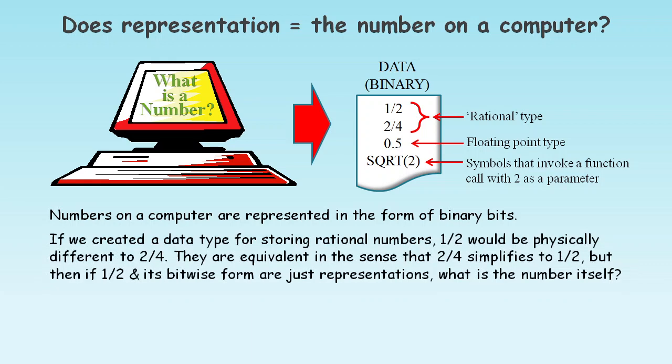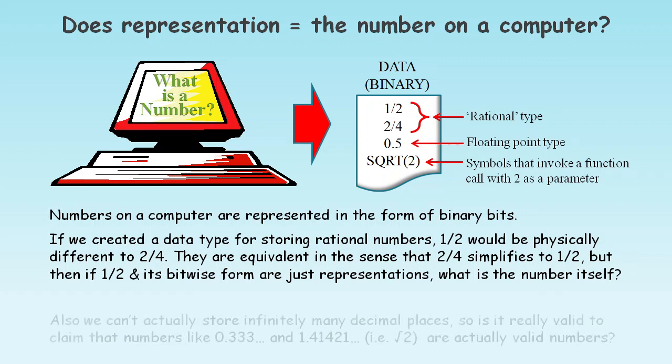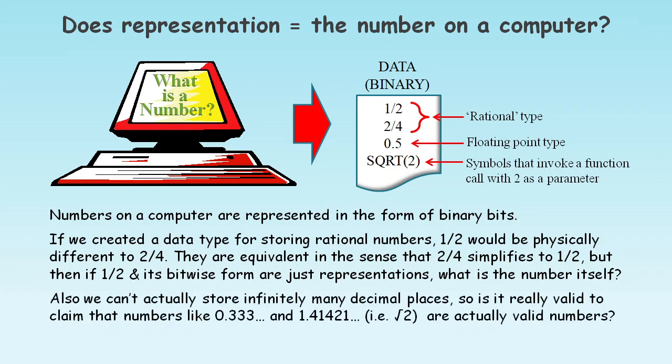And yes, we can convert one rational representation to a different rational representation, but if these are not numbers themselves, then what are numbers themselves? And since we can't actually store infinitely many digits on a computer, is it really valid to presume that infinitely many digits can somehow exist? Perhaps we should find out if we could actually locate these mysterious numbers wherever they are.